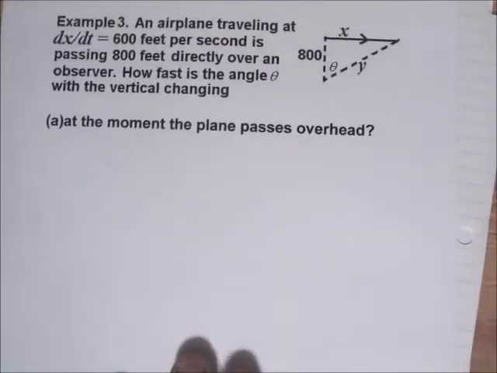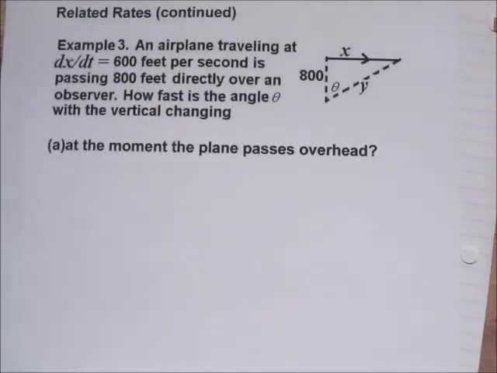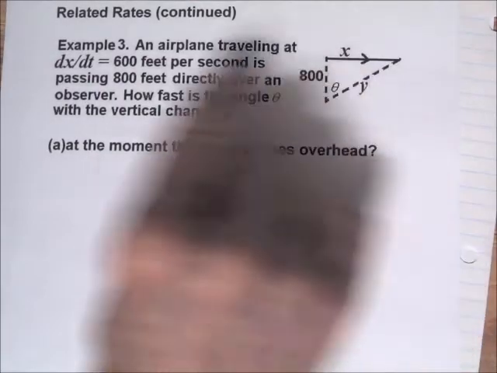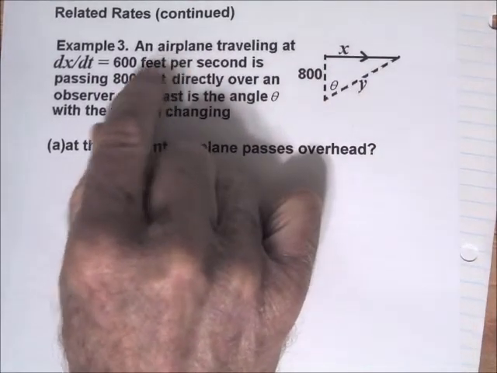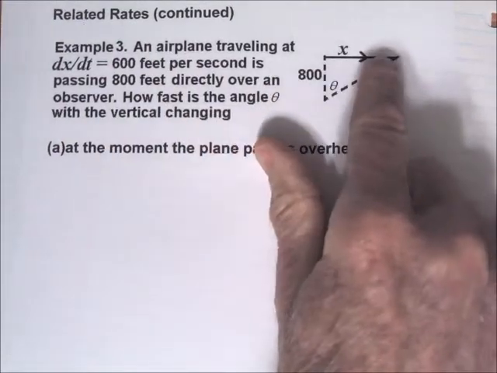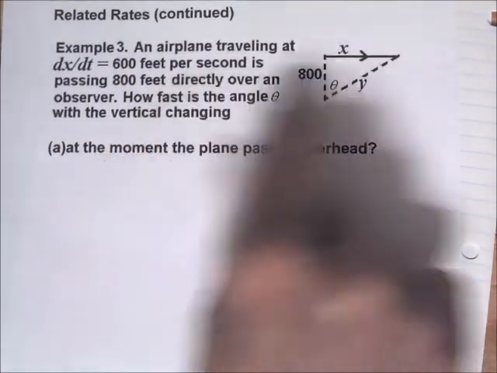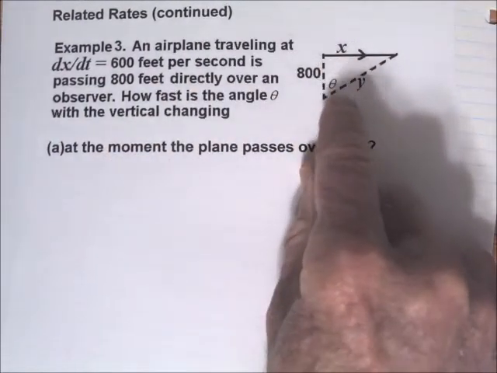I'll go over another example. This is the same situation, except we're now going to focus on the angle. The plane is passing at 600 feet per second, directly over an observer, 800 feet high, same as before.